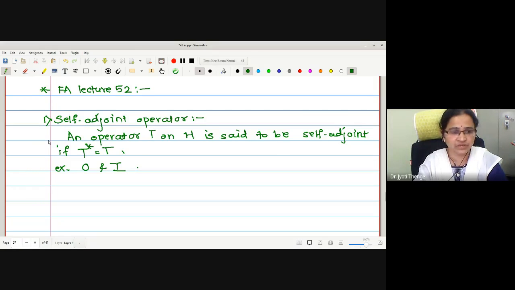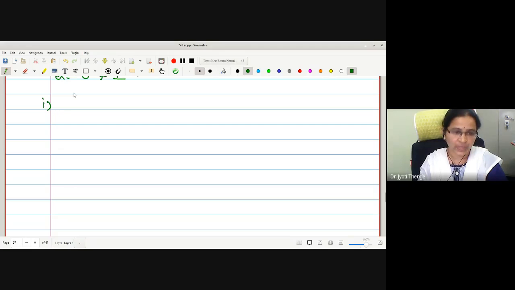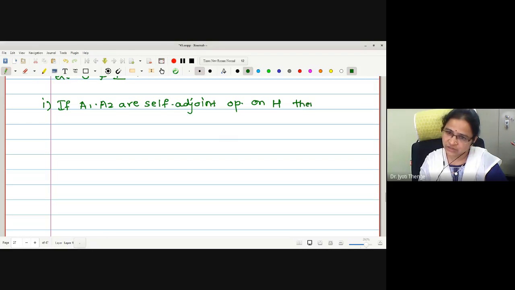The first property: if A1, A2 are self-adjoint operators on Hilbert space H, then their product A1 A2 is self-adjoint if and only if they commute.